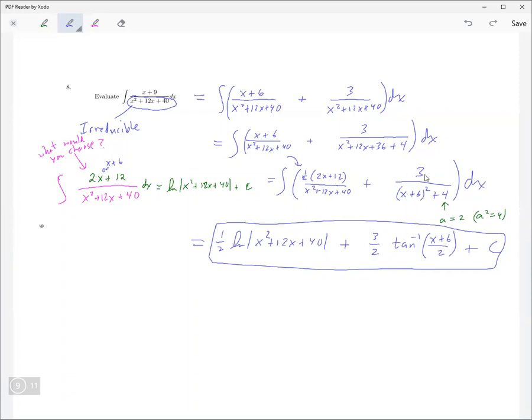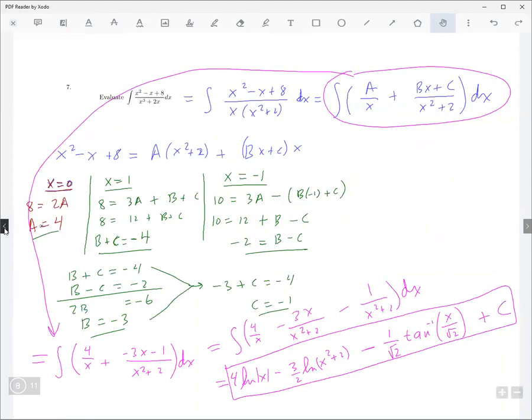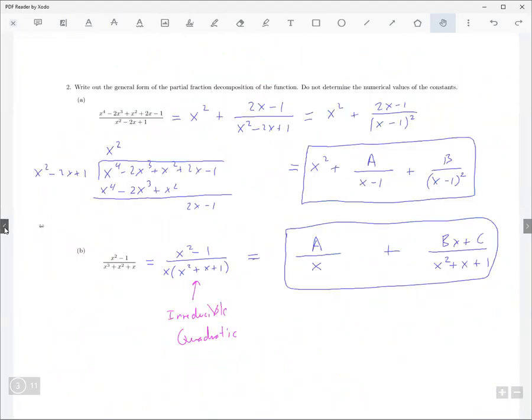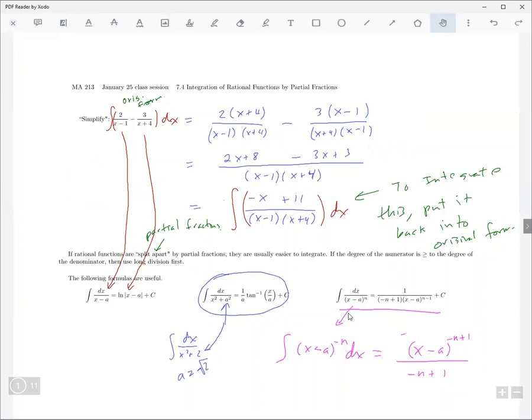For this part right here, I'm using this formula here. I had a 3 in the numerator, and then instead of x squared, I had x plus 6 squared.